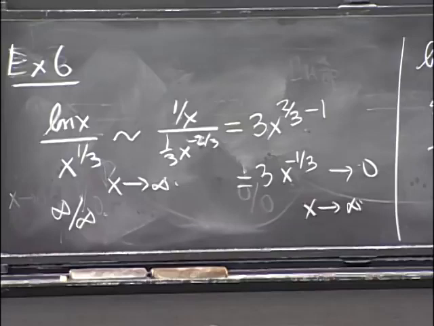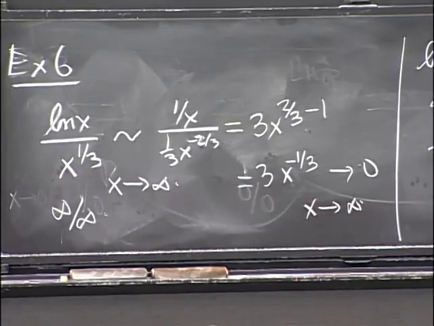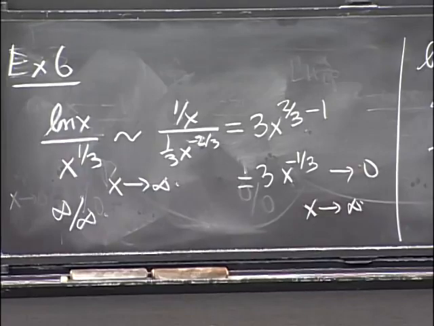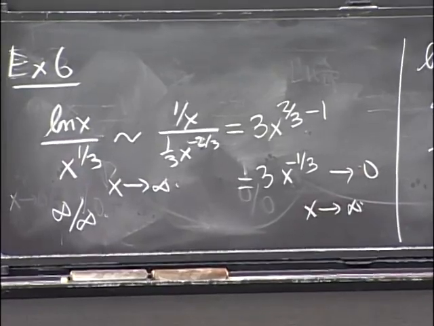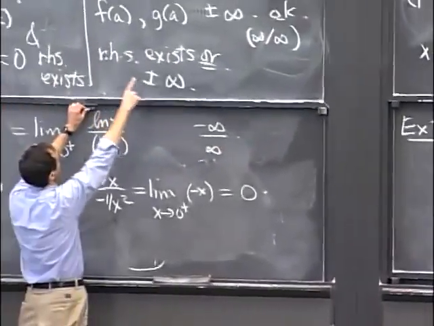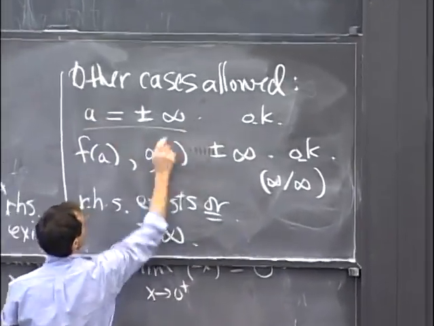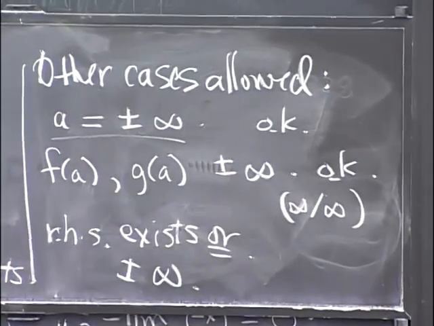Yeah, question? So if you had, for that case where you put other cases allowed, A is plus or minus 2. So it means f(a) over g(a) is not equal to 0 over infinity, or it's not equal to 0 over 0, but A is plus or minus 2. The question is, how many hypotheses do you need here? I think what you were asking is, if I have this hypothesis, can I also have this hypothesis?